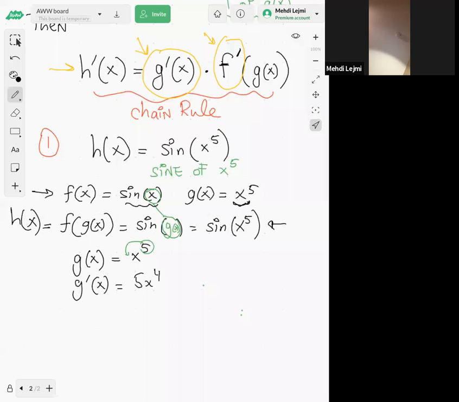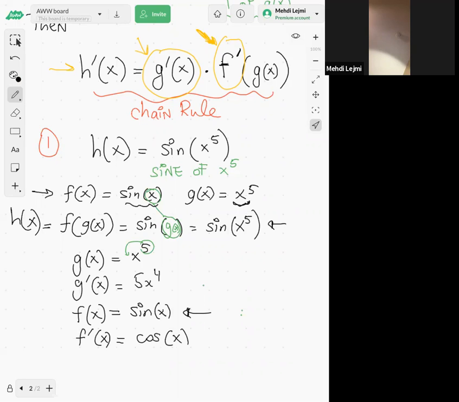Next, we said we need f prime. Well, f of x is sine of x. Sine of x is a trig function, and we do know that the derivative of sine is cosine. So that's cosine of x.